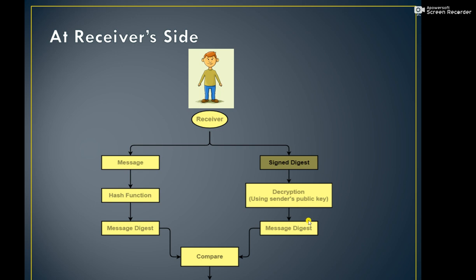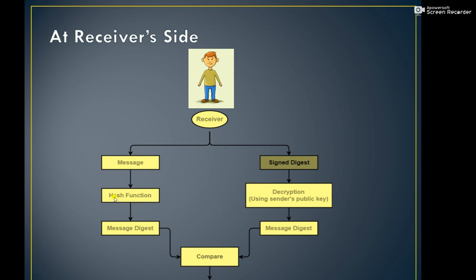Now whatever message digest he has got after decryption, he will compare with the message digest he created at his side. If both the message digests are same, that means the integrity of the message is maintained. Means what?